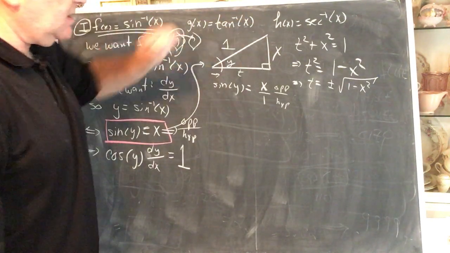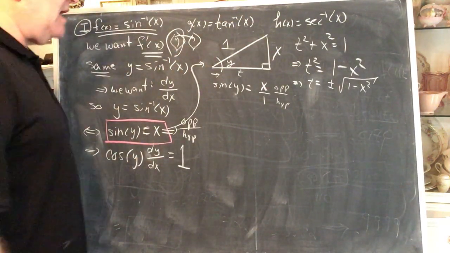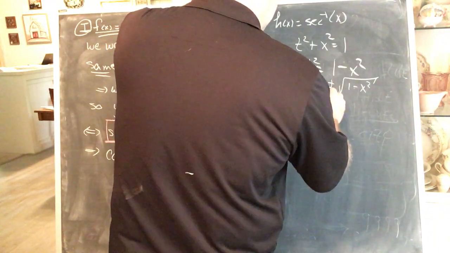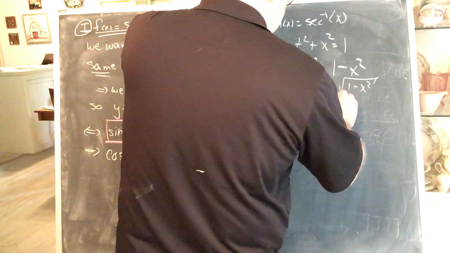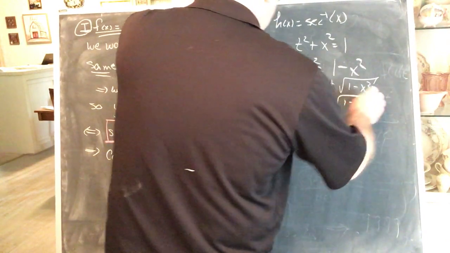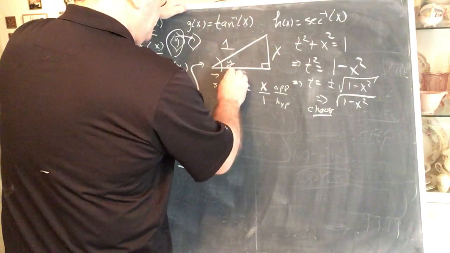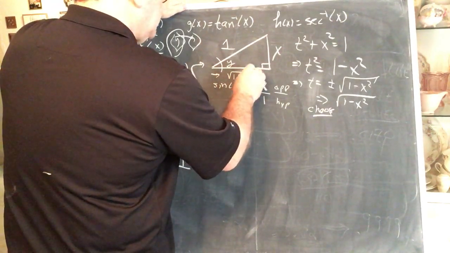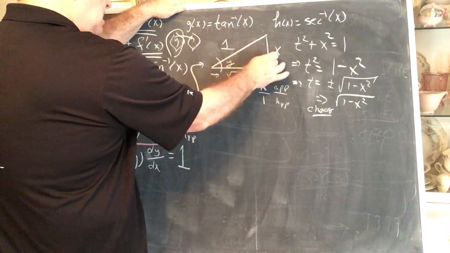But this is a distance. We want t to be positive. We are choosing t to be the positive distance. And so we choose t to be the square root of 1 minus x squared because we want this to be a distance. And so this third side is the square root of 1 minus x squared. This comes from Pythagoras. This comes from SOHCAHTOA.